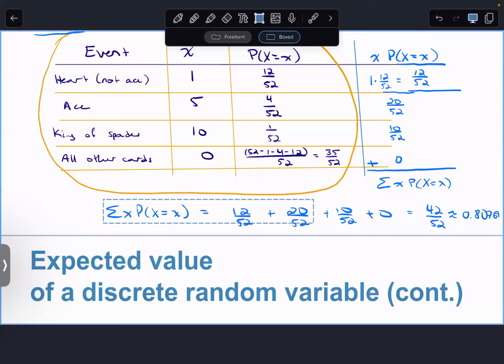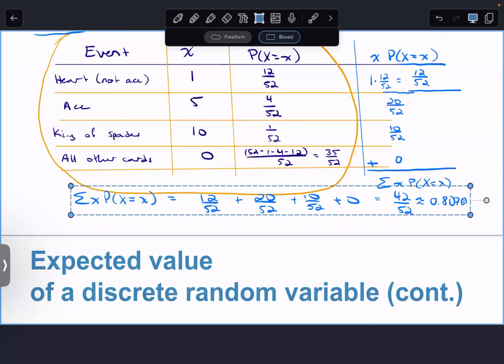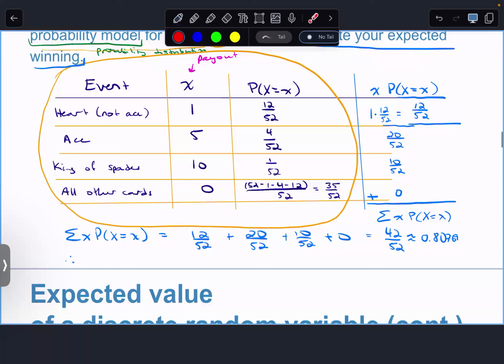I need to give myself just one more line. Therefore, the expected payout, right? Because the thing that we're talking about is the payout, and we attach the probabilities of those payouts.